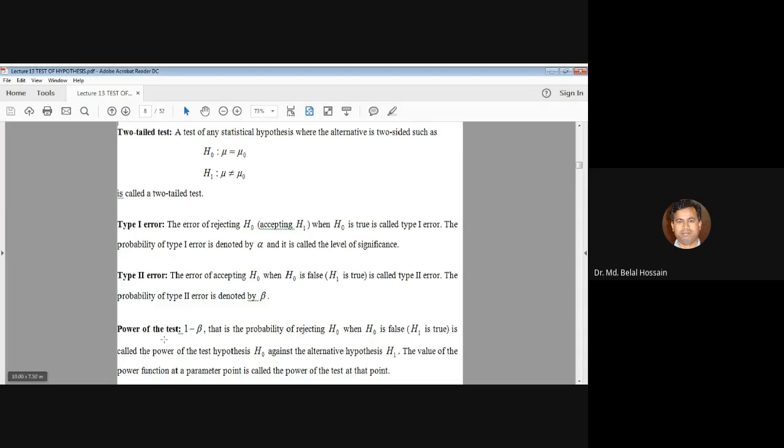The better the power, the better the test, okay? So we need this power of the test. 1 minus beta is also called the power function. When you put the value of beta there, that is actually the power of the test. But in general, 1 minus beta is called the power function.